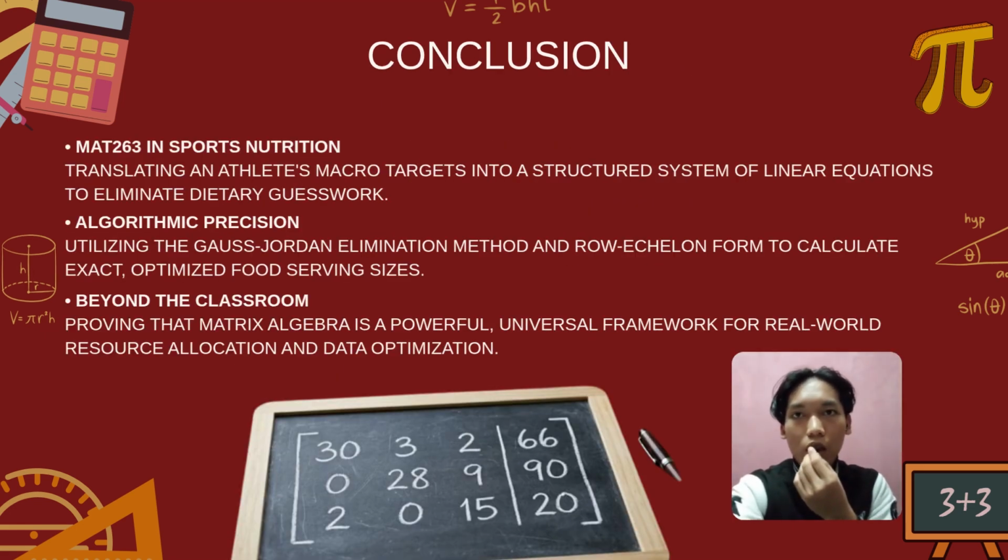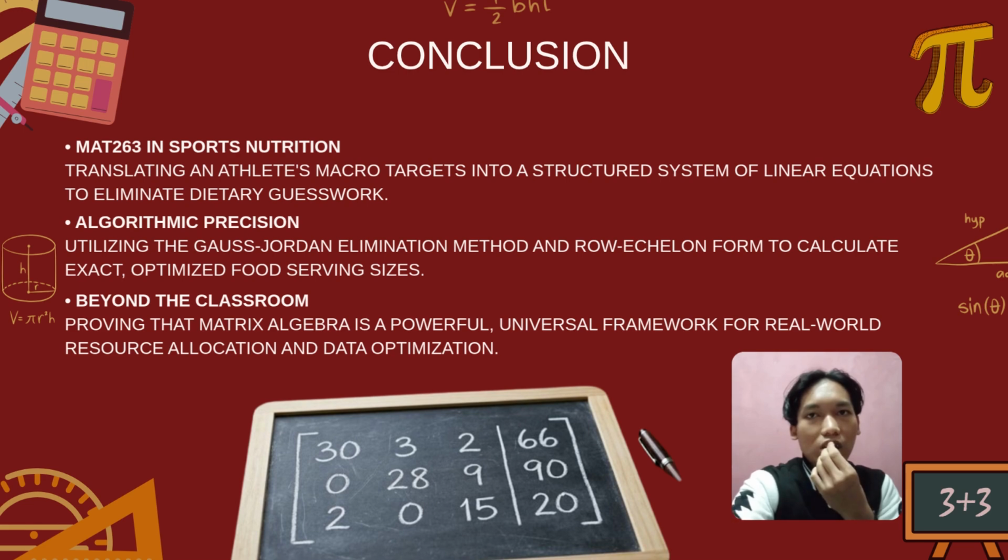To wrap everything up, our project has successfully demonstrated how the abstract concepts of MAT263 apply directly to a practical real-world sports nutrition problem. By taking an athlete's daily macronutrient requirements, specifically 66 grams of protein, 90 grams of carbohydrates, and 20 grams of fat, and translating them into a system of linear equations, we completely eliminate guesswork.